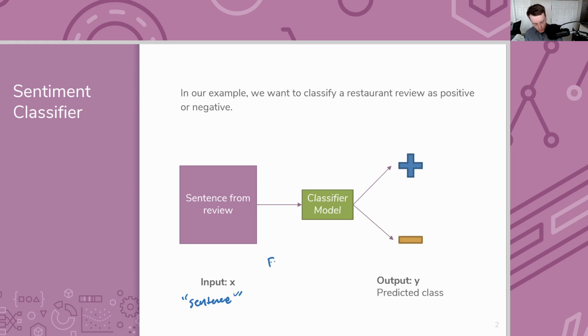So the features we'll use are the number of times "awesome" appears, or the number of times "awful" appears, and so on. We're going to have a feature for every single word possible, or at least every word that we've seen in our data. The value for that feature is the count of the number of times that word appeared. Then we'll feed those features into our model, which will make predictions based on that.